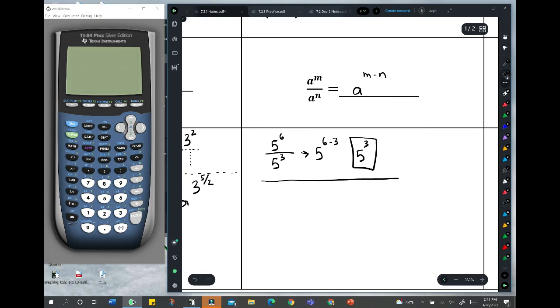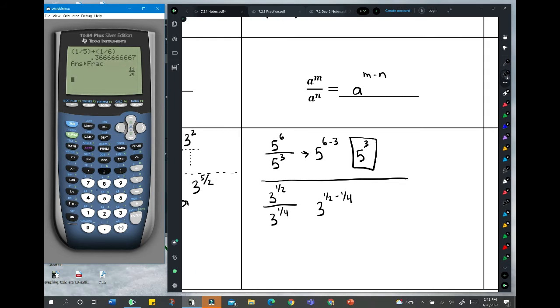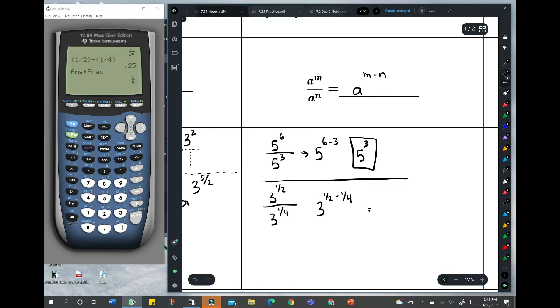Okay, with fractions, it's really the same idea. 3 to the 1/2, all over, whoops, that's a wonky fraction bar there, all over 3 to, let's say, the 1/4, it would be 3 to the 1/2 minus 1/4. Do that in your calculator if you'd have to. 1/2 minus 1/4 would be 0.25. Make it another fraction, and that's going to be 1/4.